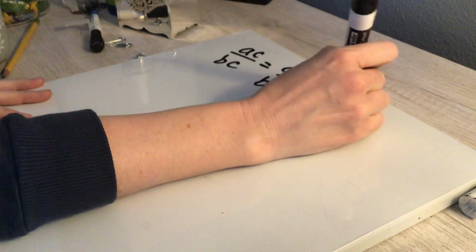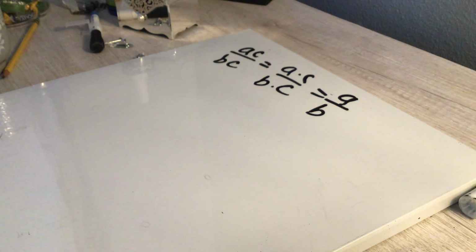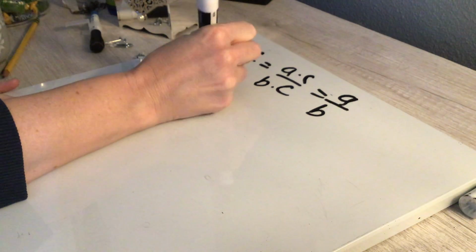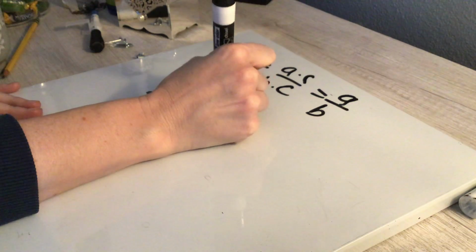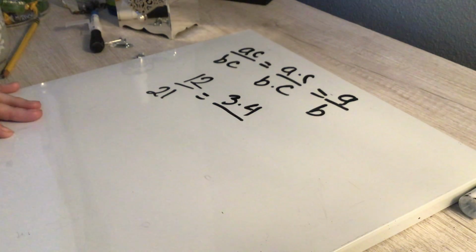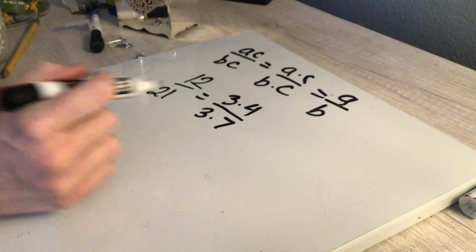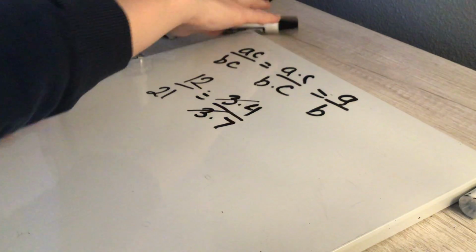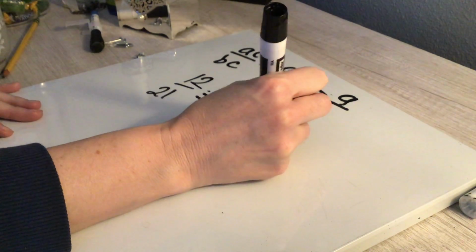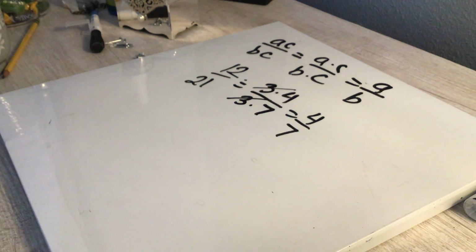They both have a c in common, so we can simplify that by dividing them both by c, and we get a over b. Right, so when it's a fraction like 12/21, we can rewrite 12 as 3 times 4, and we can rewrite 21 as 3 times 7. Well, they both are being multiplied by 3, so if we divide them both by 3, then we can simplify that to 4/7.